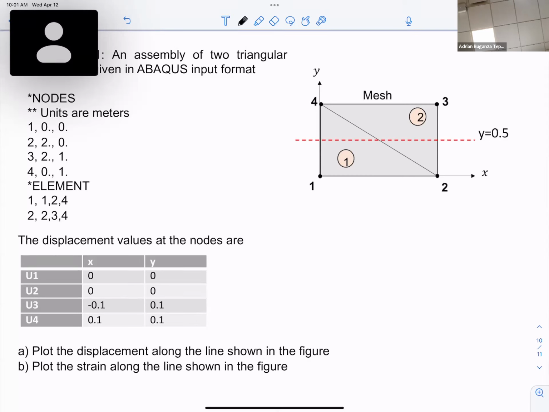But I would say do the yellow, so it's going to pull the homework. Right. Value of the displacement.